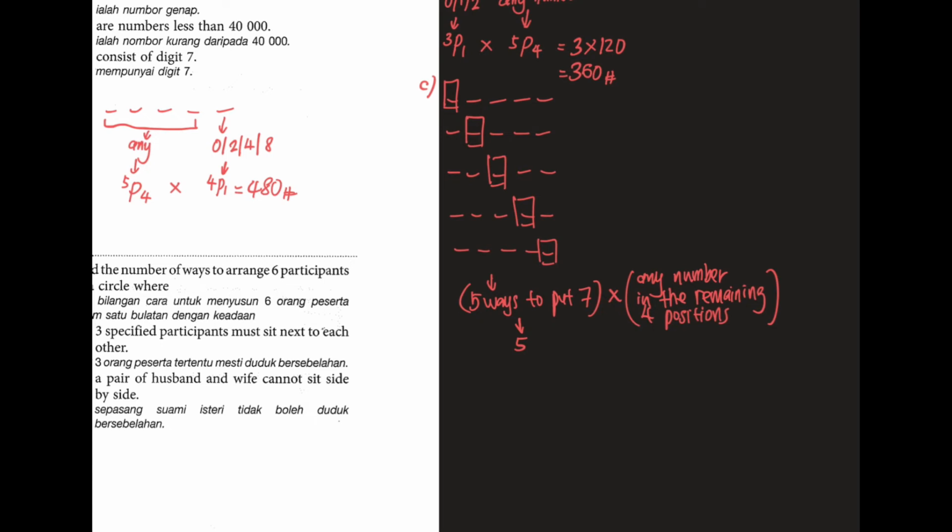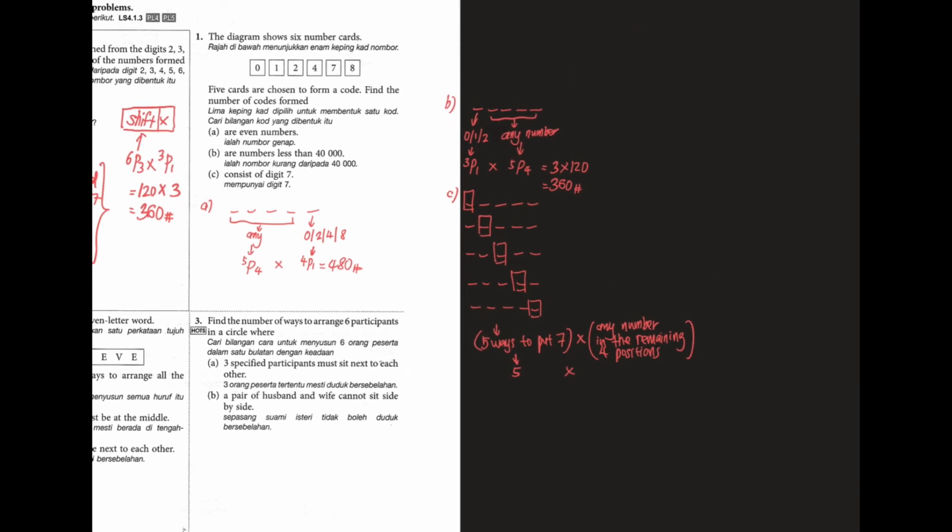Okay, so first you think like this. I have 6 numbers altogether. Okay, these are the 6 numbers. I use 7 already. I still have 5 numbers. I arrange 4 of them.